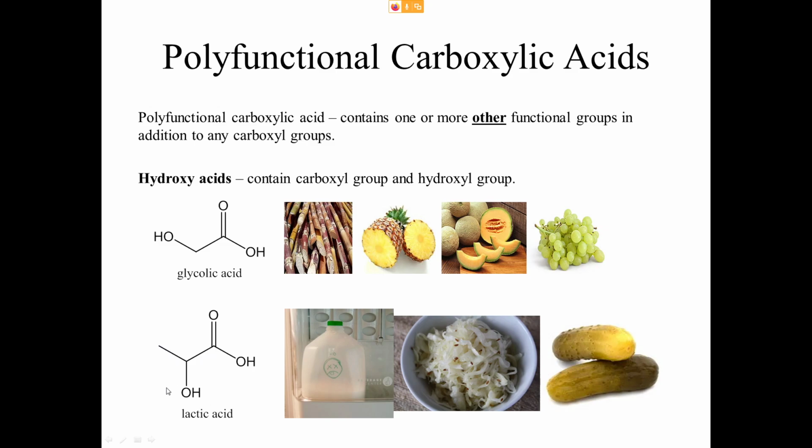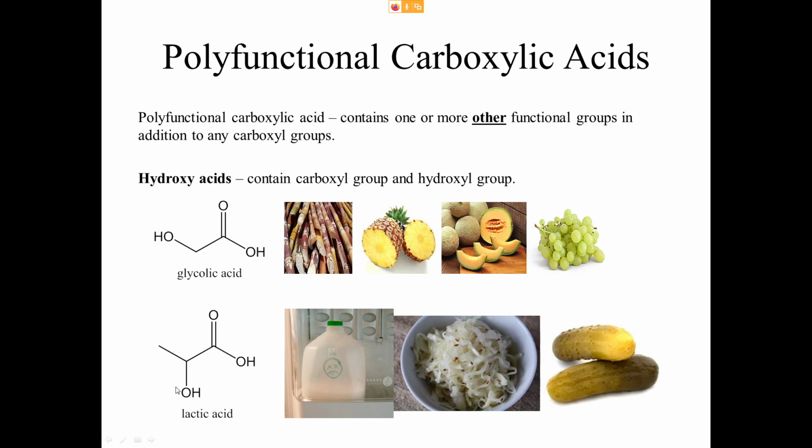And then you need to describe the substituent. Yep, you got it. 2-hydroxy. 2-hydroxy propanoic acid. That's right. Like propane, but drop the E and add oic acid. So 2-hydroxy propanoic acid. Excellent.